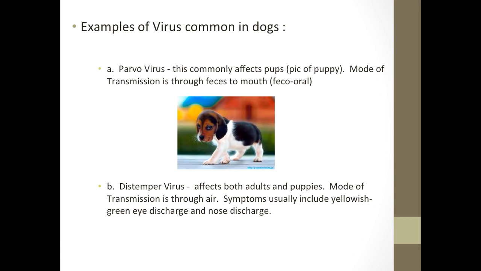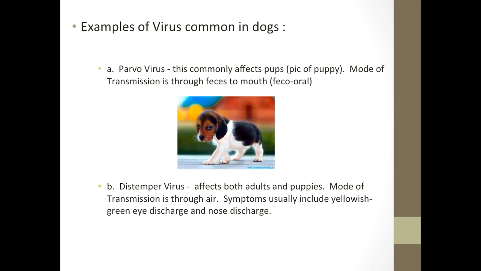Now, what's the mode of transmission in distemper virus? It's airborne, so it's highly contagious. You have to be very careful with mixing a patient that's distemper positive with a patient that's distemper negative, because merely staying in the same room, a negative dog could get infected by a positive dog.